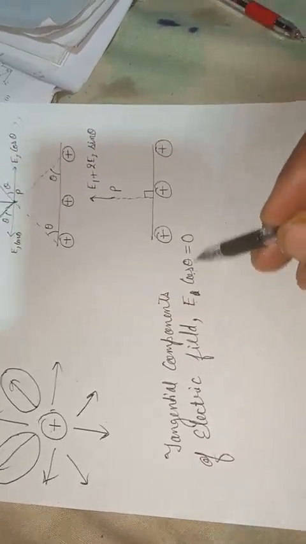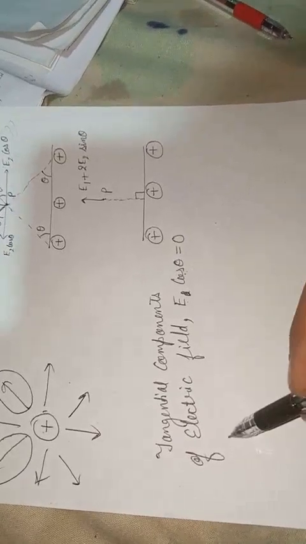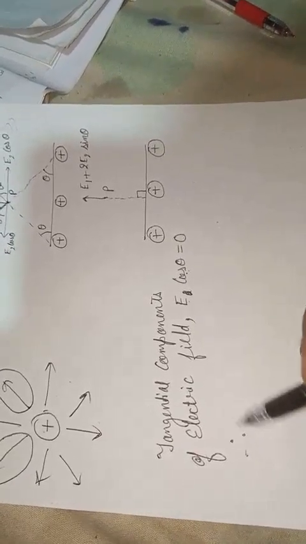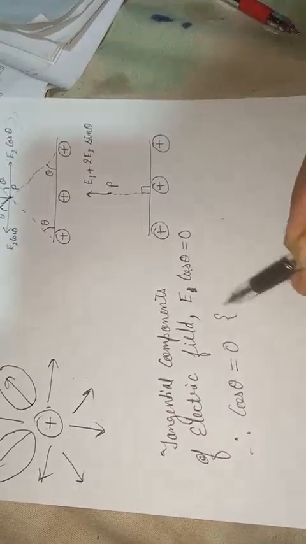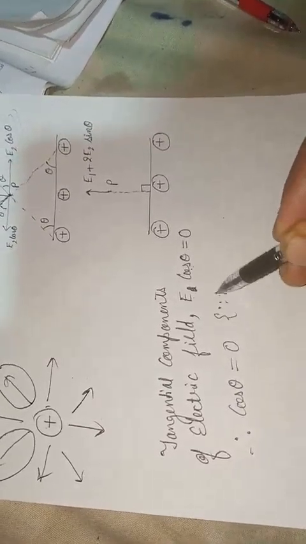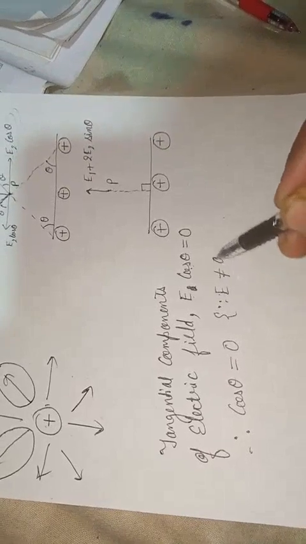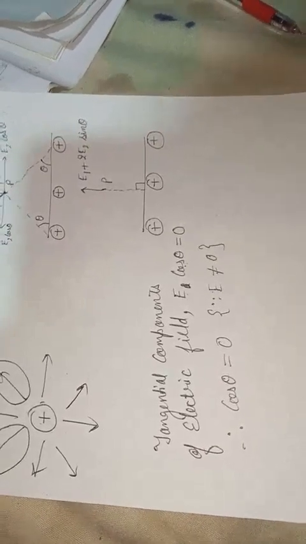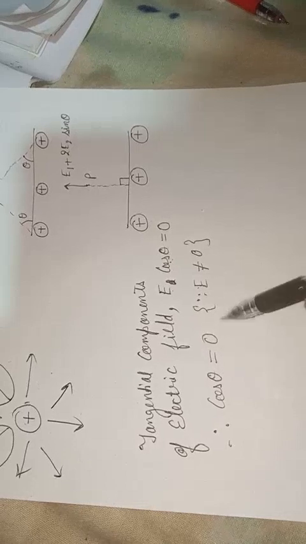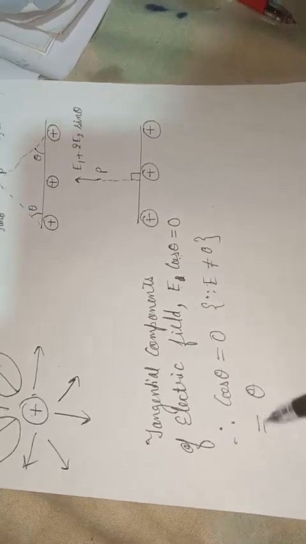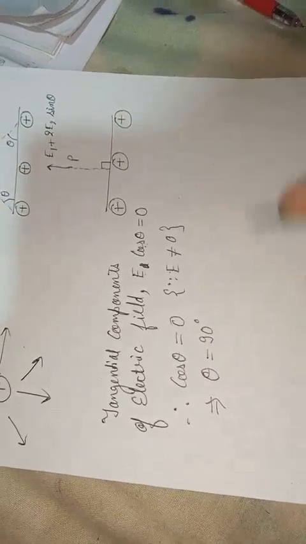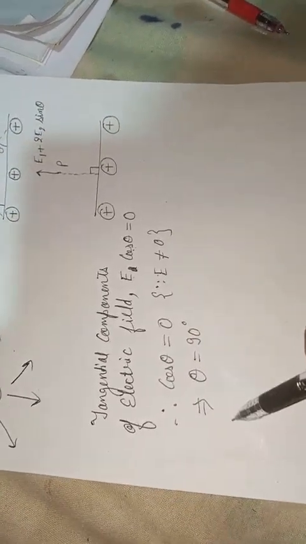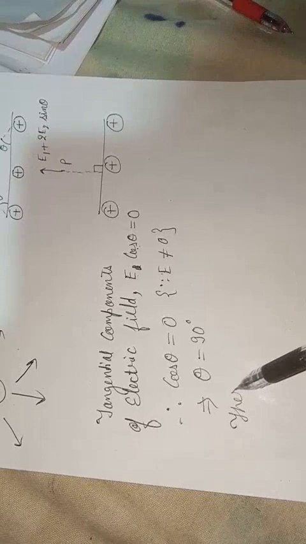Therefore cos theta must be equal to 0, since E is not equal to 0. To make cos theta equal to 0, theta must be equal to 90 degrees, because cos 90 equals 0.